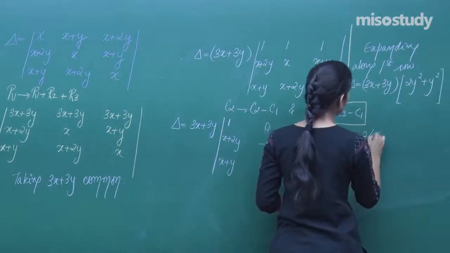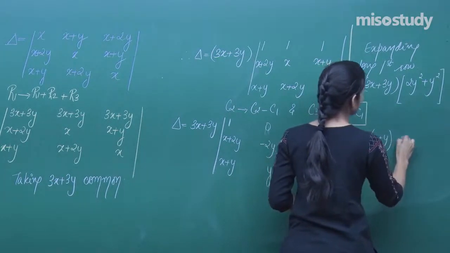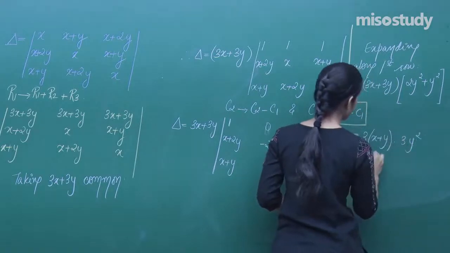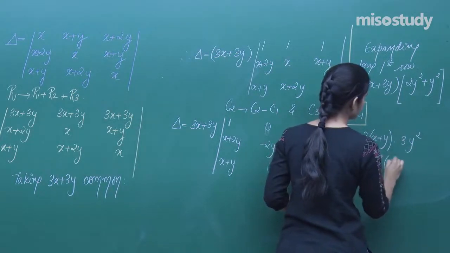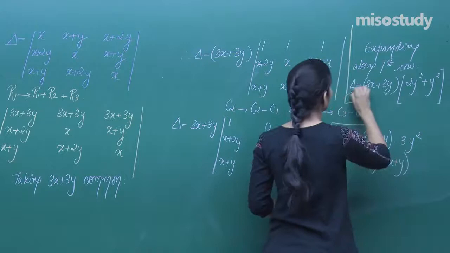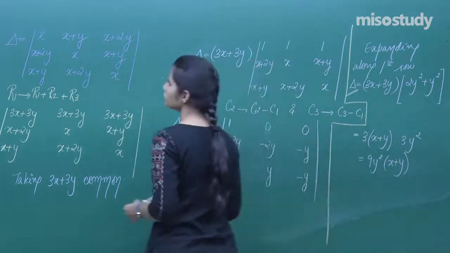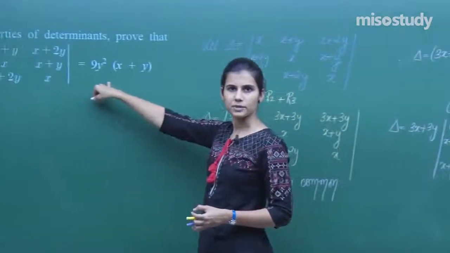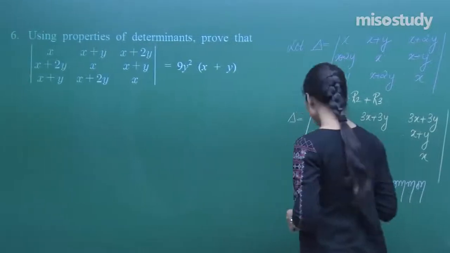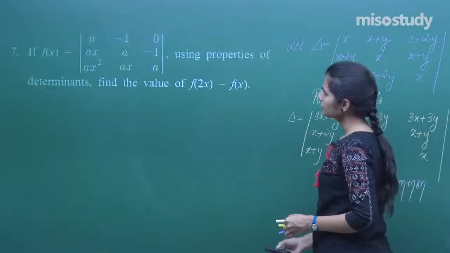This gives you 3 common, x plus y into 3y square, which is 9y square into x plus y. So you have got the value of the determinant to be equal to 9y square into x plus y. Clear? Pretty nice question. Next we have the 7th one.